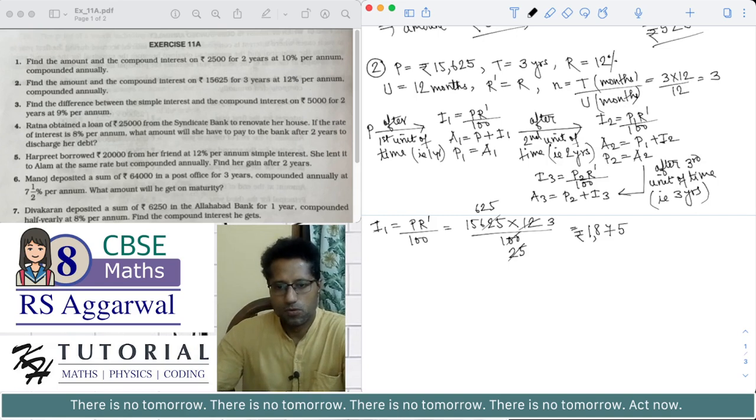Okay, so A1, the amount at the end of the first unit of time, is P plus I1. P is 15625 and I1 is 1875.